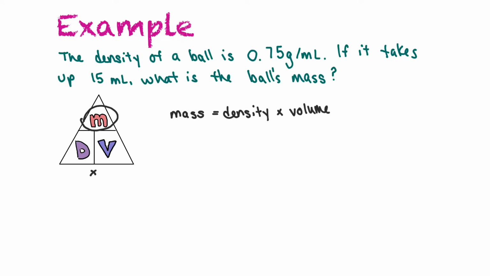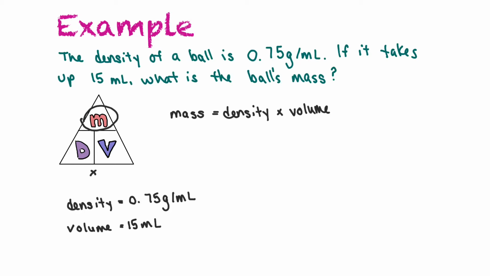And let's just extract the information from the word problem. So we know our density. Density is equal to 0.75 grams per milliliter. And we know our volume. Volume is equal to 15 milliliters. So now we'll put those values into our formula.